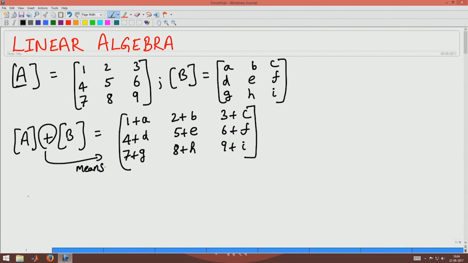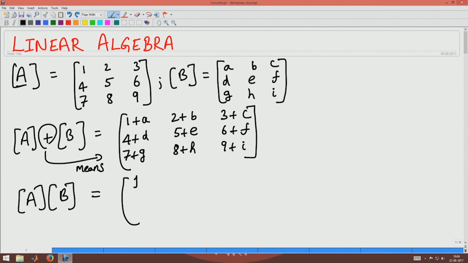Similarly, if I want to multiply this matrix A times B, then what I mean is multiplying these rows with these columns. A multiplied by B means multiplying these rows with these columns. So, now what does this A into B mean?